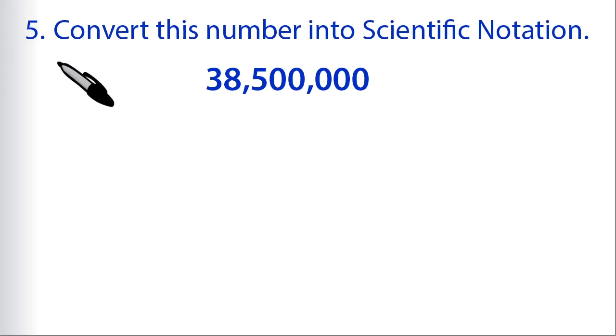For problem 5, we're told convert this number into scientific notation. And we have 38,500,000. We need to move the decimal point until there's only one digit to the left of it, and we'll count how many times we move it over, and then we'll use that information to write this number in scientific notation.